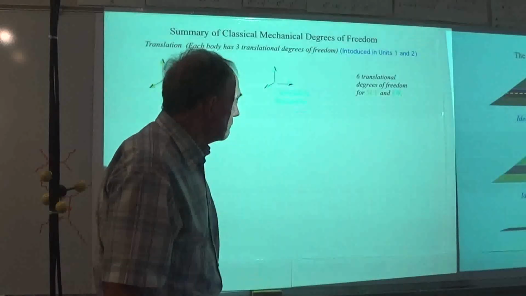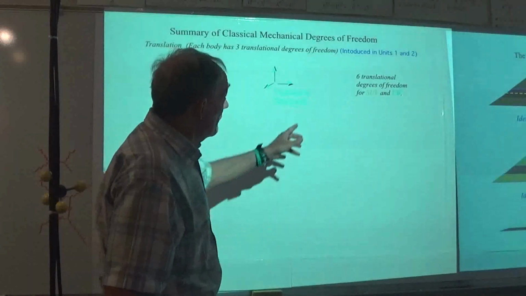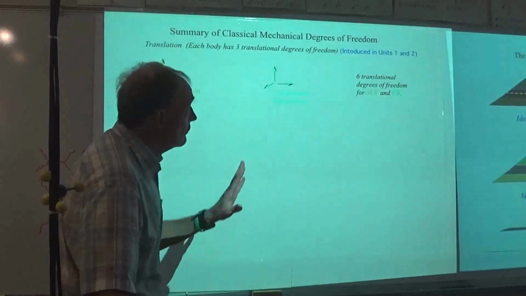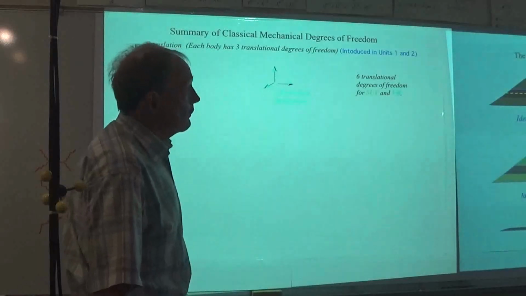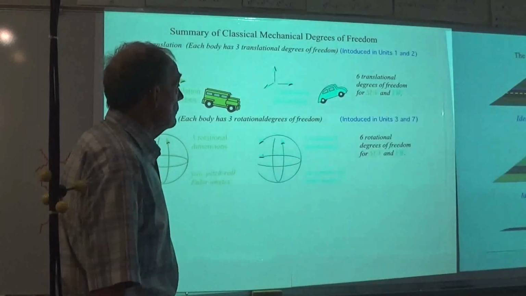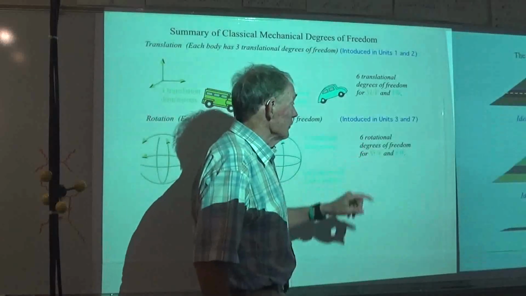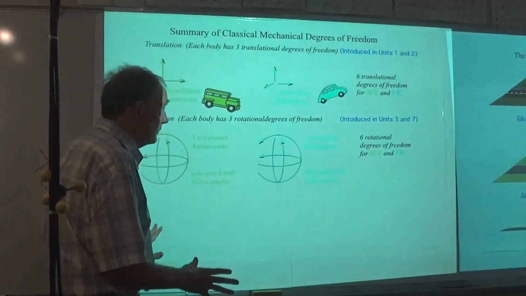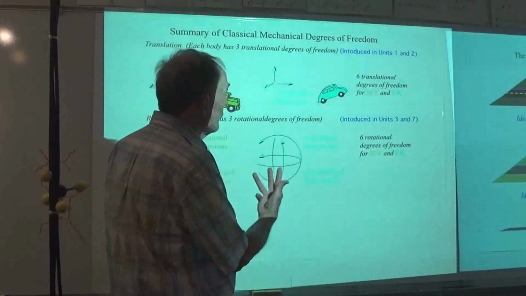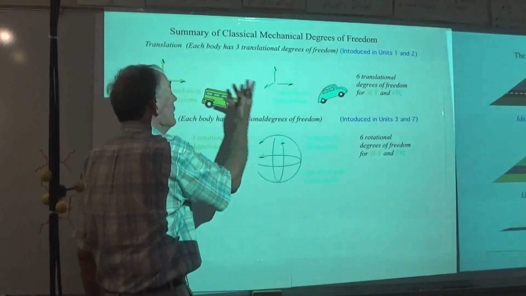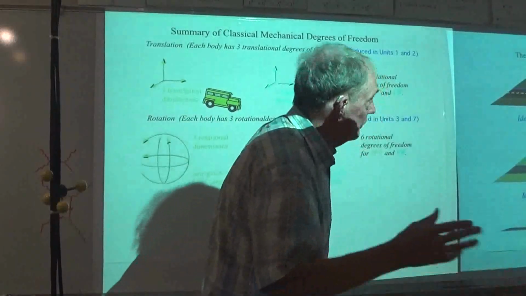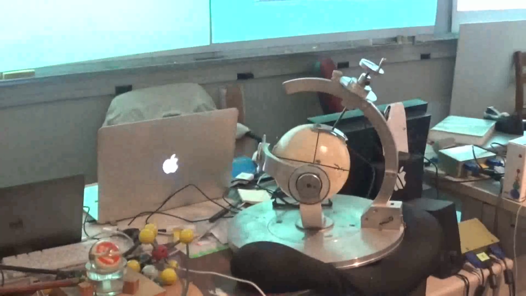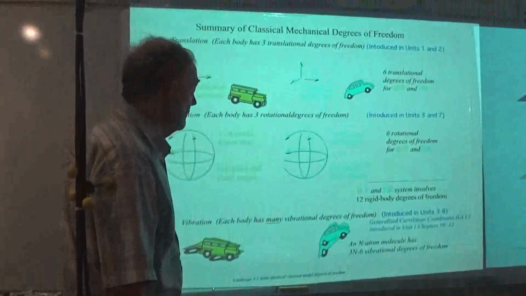In any case, I want to just quickly say that in units 1 and 2 particularly, that follow this, we'll be talking about translations in 3 dimensions, and we'll also in units 3 and 7 talk about the 6 rotational degrees of freedom for U and V. There's 3 for each of them, just as there are 3 translational dimensions for each of them. This machine has been put here to take care of the angles that you have to talk about, Euler's angles, and get you to understand them. And then they have quantum mechanical implications.